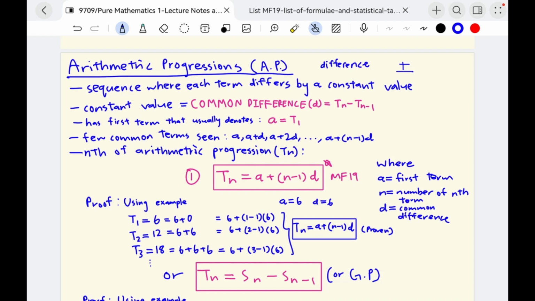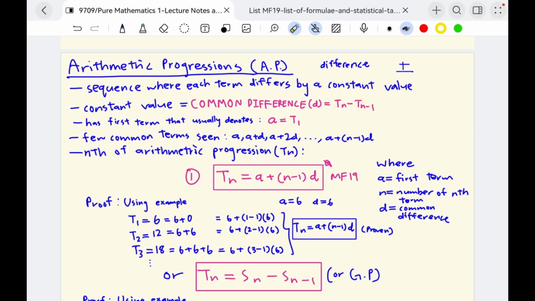It is defined as a sequence in which each term differs by a constant value. What does the constant value refer to? It refers to the common difference. So how do we get the common difference from the given series? Given that the series is an arithmetic progression, by taking Tn minus Tn minus 1.